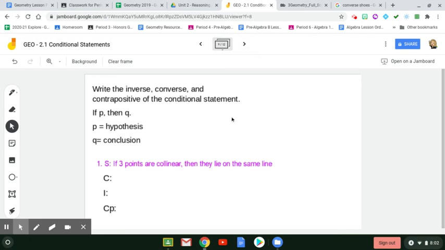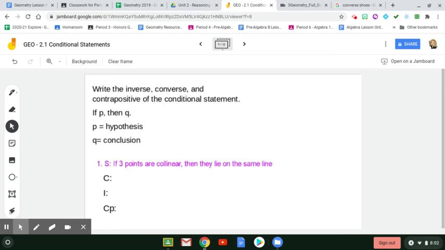What we're going to do right now is practice writing an inverse, a converse, and a contrapositive of a conditional statement. In logical reasoning, you're going to see abbreviations for a hypothesis and a conclusion. Anytime they abbreviate, they're going to use a P for hypothesis and a Q for conclusion.